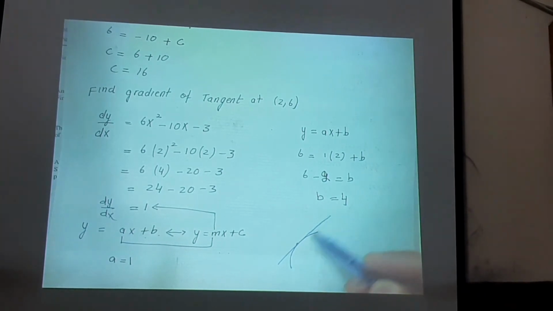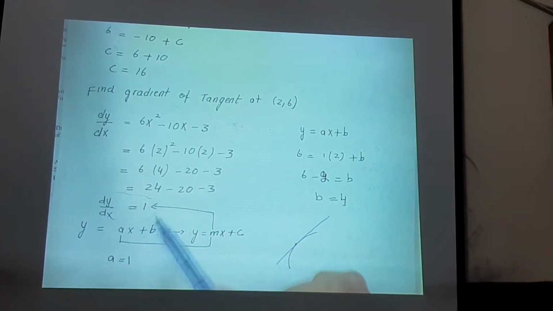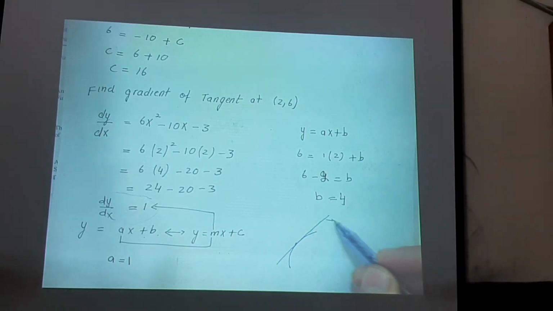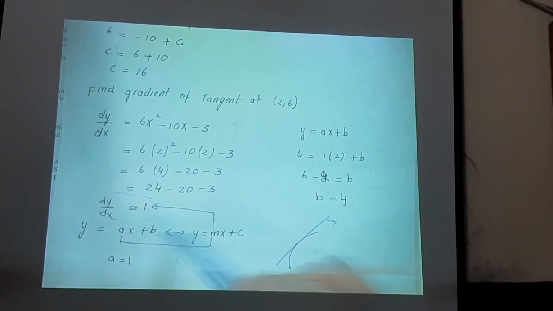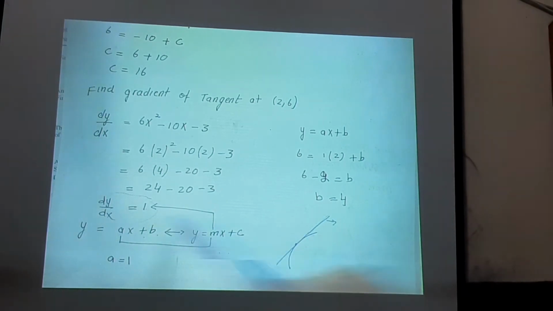So the line is tangent to the curve, and dy over dx equal to 1 is basically the gradient of the tangent. In short, this gradient represents the gradient of your line. The line is tangent to the curve, so this gradient is the gradient of the line which is tangent to the curve.